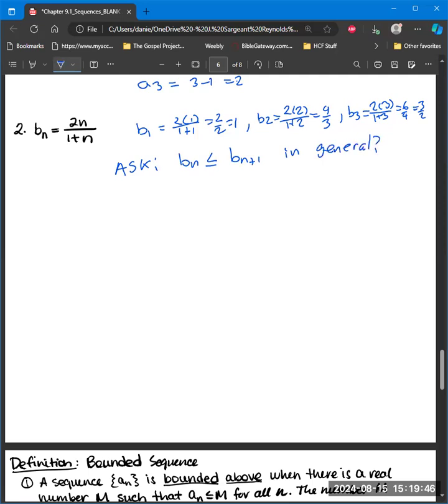Let's figure it out. So B sub n is equal to 2n over 1 plus n. B sub n plus 1 is equal to 2 times n plus 1 over 1 plus n plus 1.